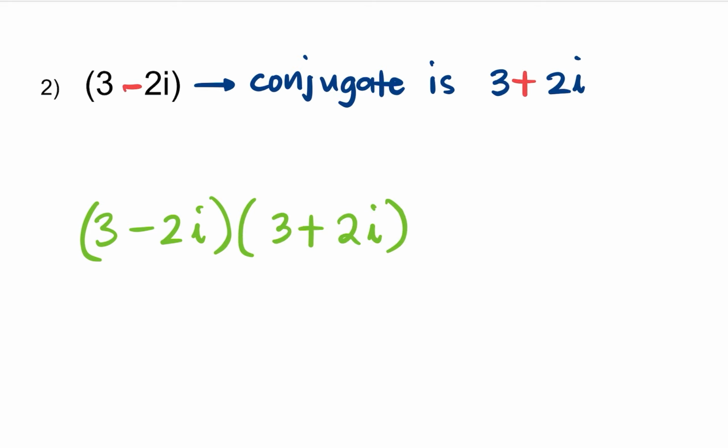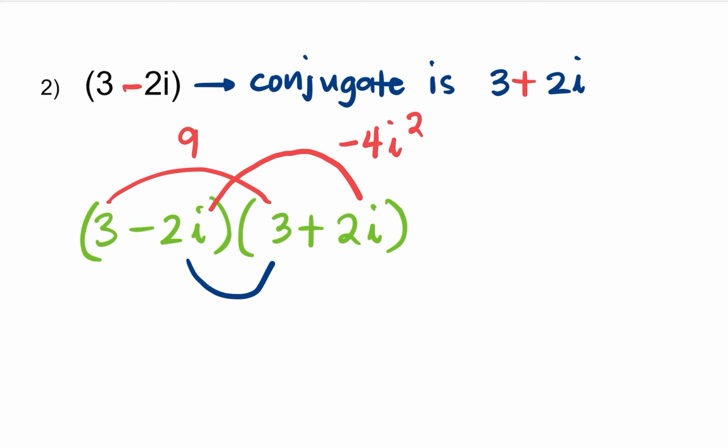Okay, so let's multiply. 3 times 3, that is a 9. Negative 2i times 2i is negative 4i squared. And let's multiply the middle term. So we've got negative 2i times 3 is negative 6i.